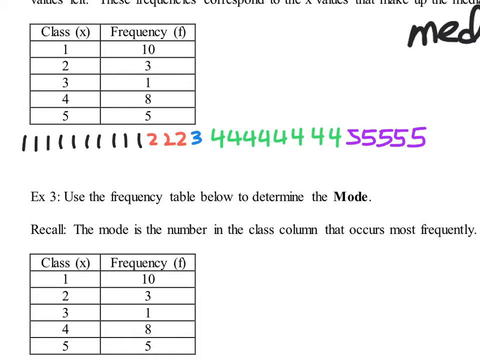All right, so if I wanted to find the median for this, what I would have to do, just like we did last class, is just start counting our way towards the middle. 2, 3, 4, 5.